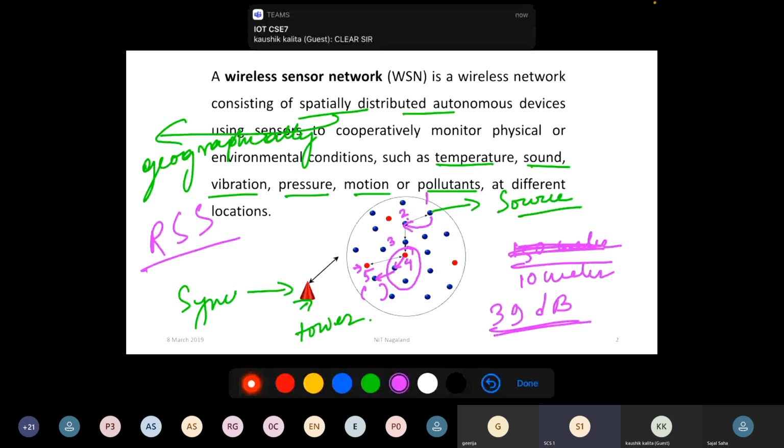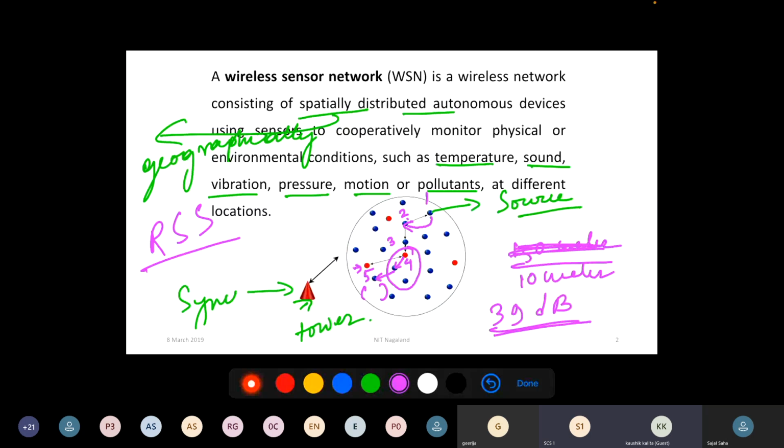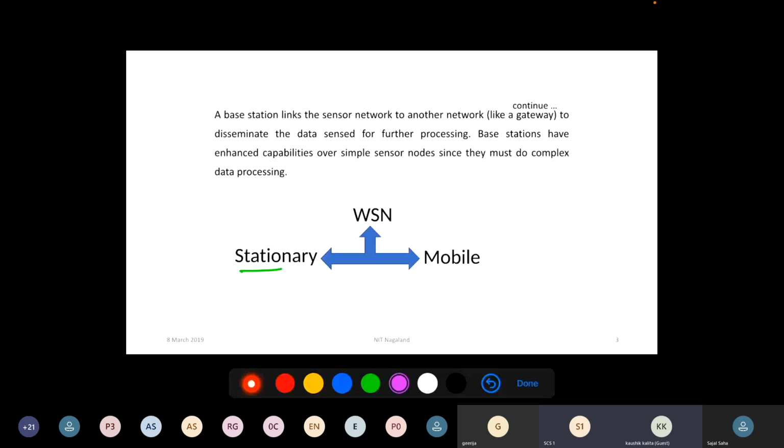Okay, so is there any other question regarding this? No, sir. Okay, fine. So this is all about whatever I have told. This is about the stationary node.